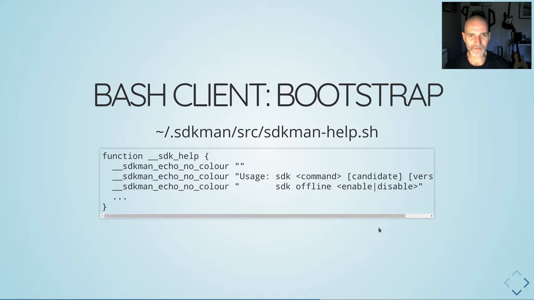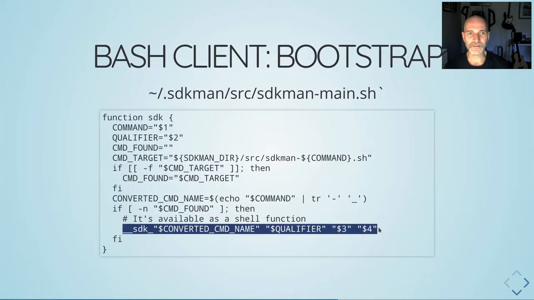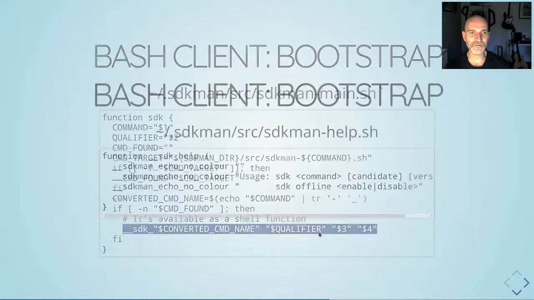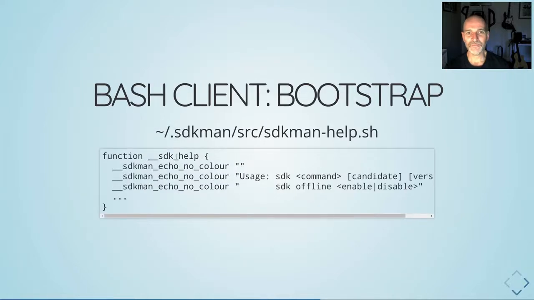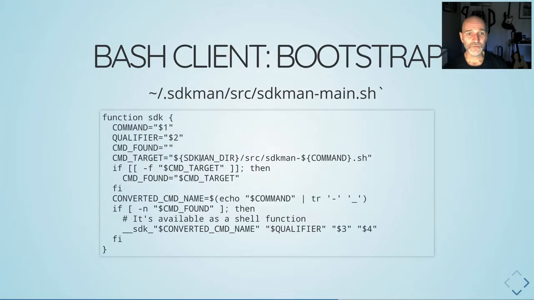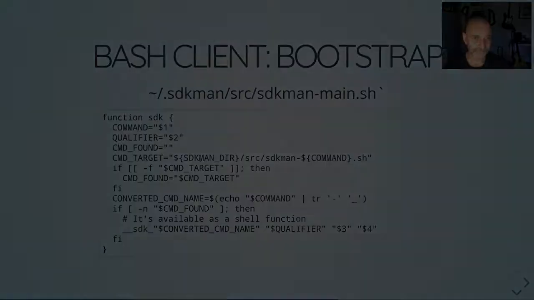So if I say SDK help, it'll automatically pass through the command as help. It will fabricate the name of that function and invoke it, passing any further parameters to it, and fire off that thing. So in other words, SDK is a top-level function that calls through to a bunch of other functions.